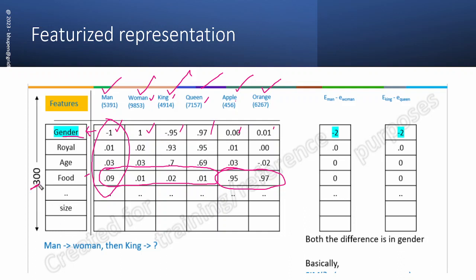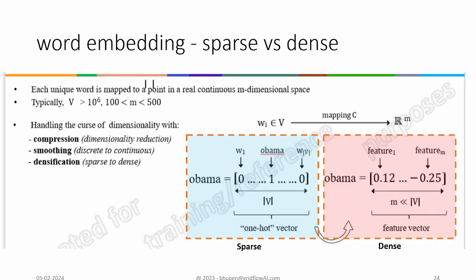Let's say you have 300 dimensions. And also now the vectors are different and you can subtract the two vectors, you will get a different value. But again, the issue is practicality, it is very hard to generate such featurized representation across the dimensions.